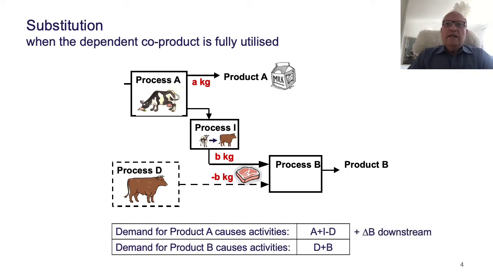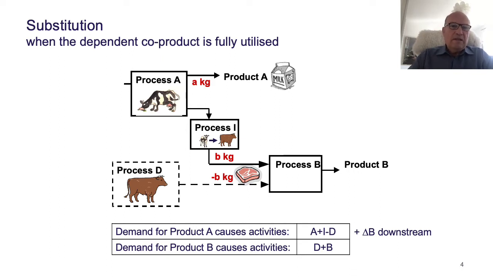There is a little additional thing you have to be aware of, and that is the situations where the B from process I is not exactly the same as the minus B from process D, so that the substitution is happening because they fulfill the same obligatory product properties on the market, but they may have different other properties.